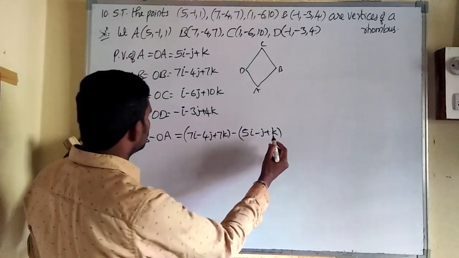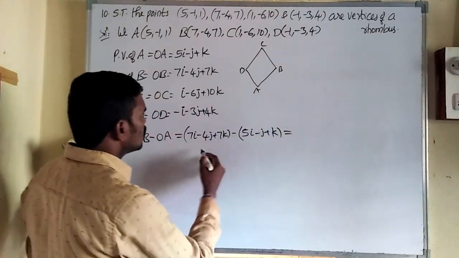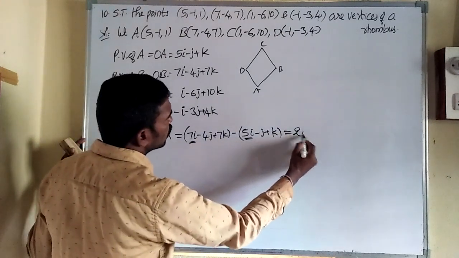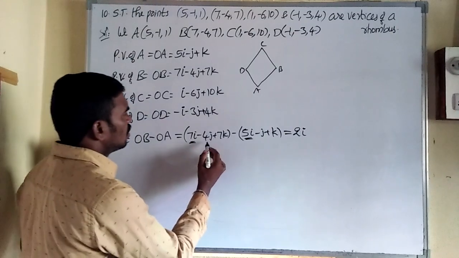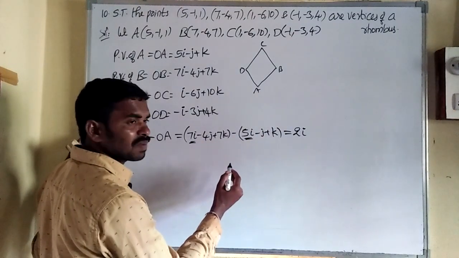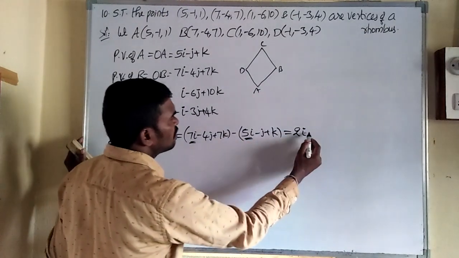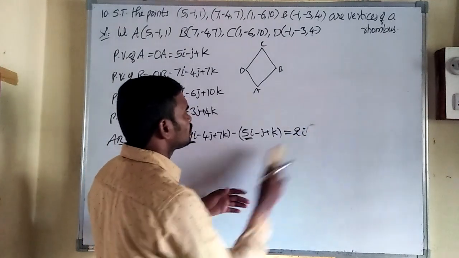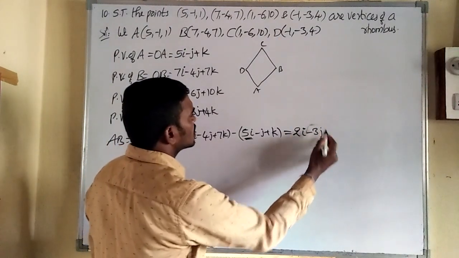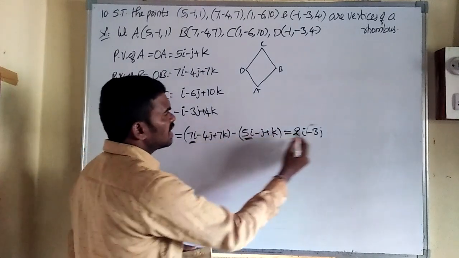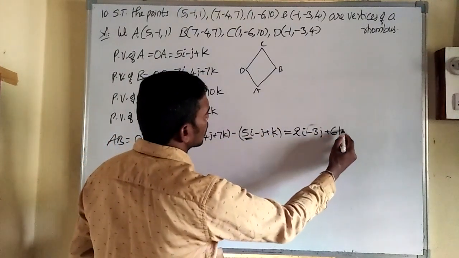So 7i minus 5i becomes 2i. Next, minus 4j minus into minus j means plus j, so minus 4j plus j becomes minus 3j. Next 7k minus k is plus 6k.